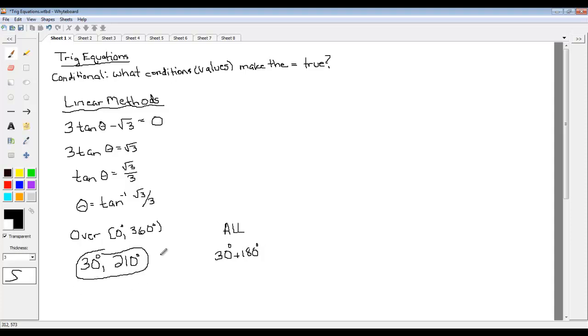Each time you add 180, you're either going to be at the 30 degree place or at the 210 degree place on your unit circle. So we'll say this: 30 degrees plus some multiple of 180, where n is an integer. So that's all possible solutions right there.